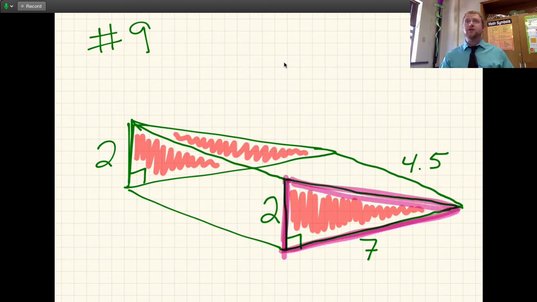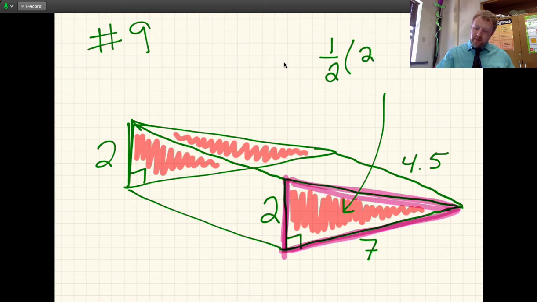What is the area of that triangle? How would I find it? I would take half the base of that triangle times the height of that triangle. So to find the area of the base, I'm going to do 1/2 times 2 times 7. What does that equal? It equals 7.